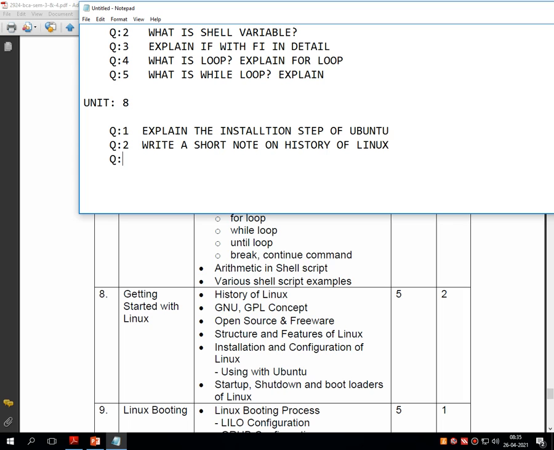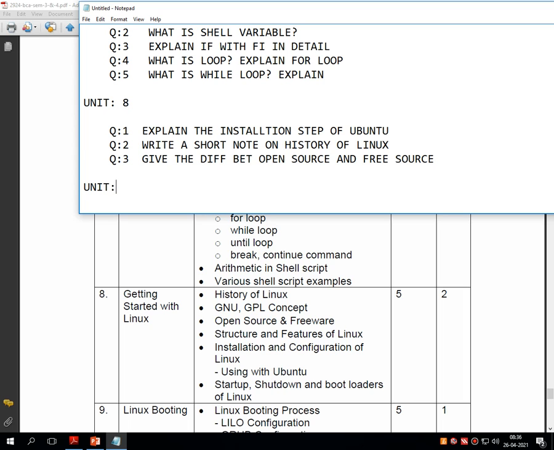Question number 3. Give the difference between open source and free source. Question number 4. This was all about unit number 8.